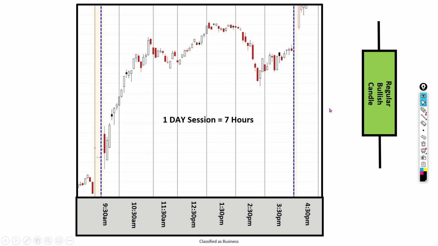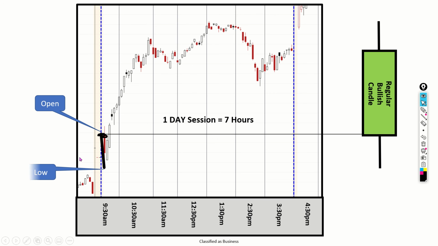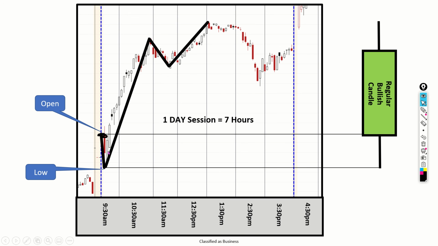Overall, we can see the price movement during the day is upwards, like this one also. The price starts opening around this area, during the start of the day around 9:30. That's where we mark the opening price. Then price goes down, gets rejected immediately, and it rallies strongly. When it rallies strongly, at the top here there's some weakness.